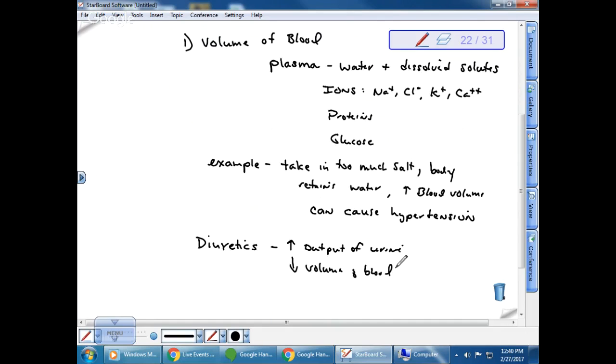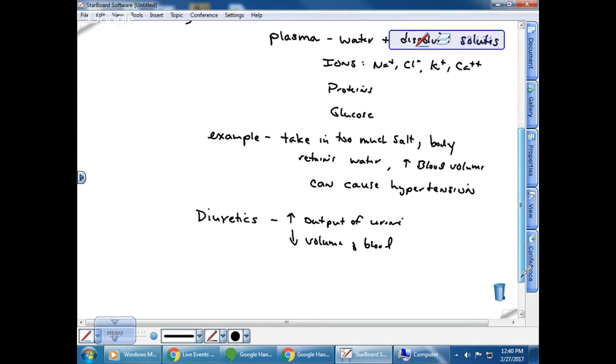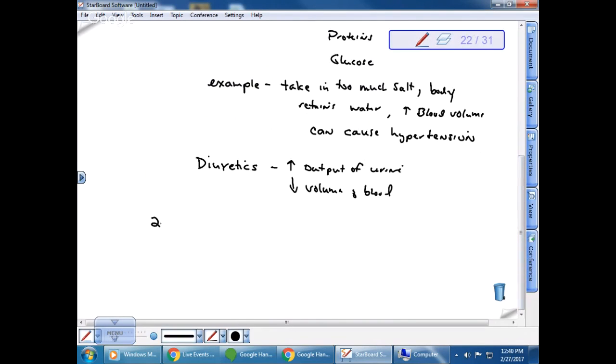Okay. The second thing that can affect blood pressure, so this would be number 2, is the diameter of the blood vessels. So when the blood vessels constrict, it's called vasoconstriction.